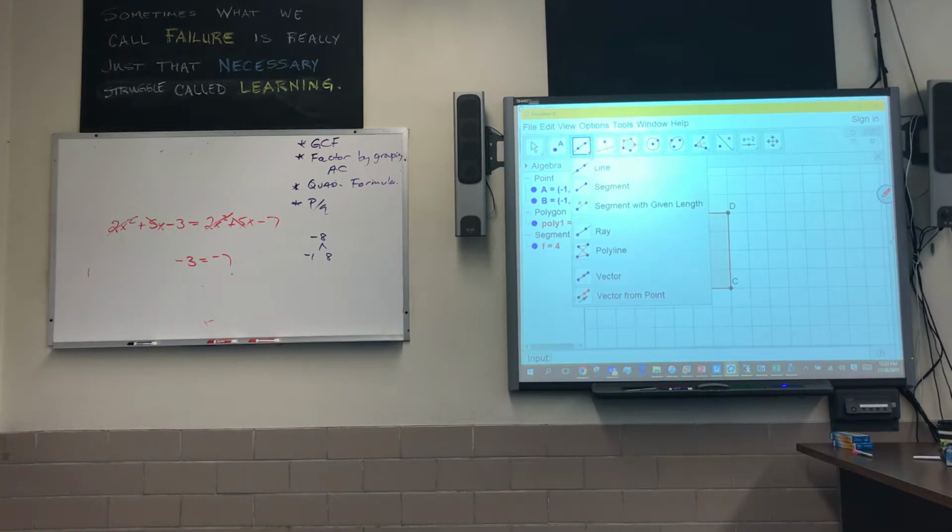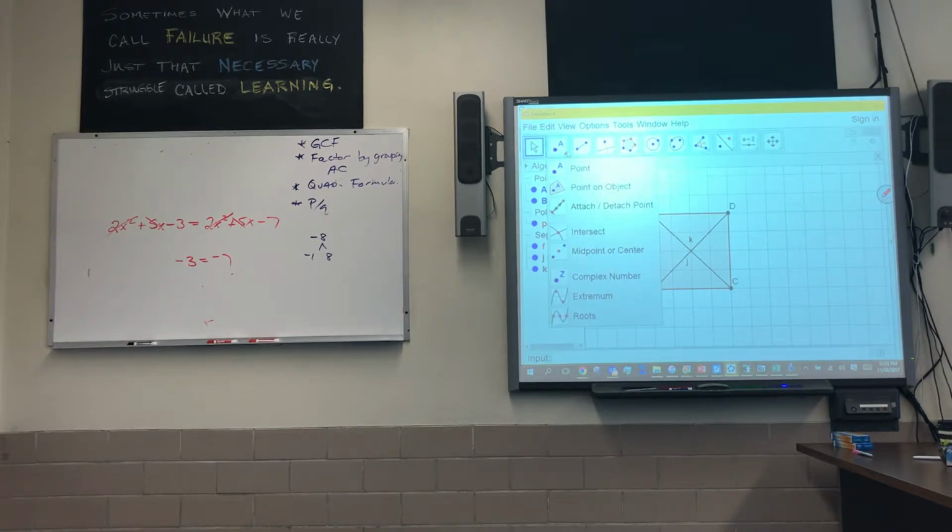If I look at the diagonals of a square, the first thing to note is that when I look at J and K, those lengths are the same, aren't they? Okay.